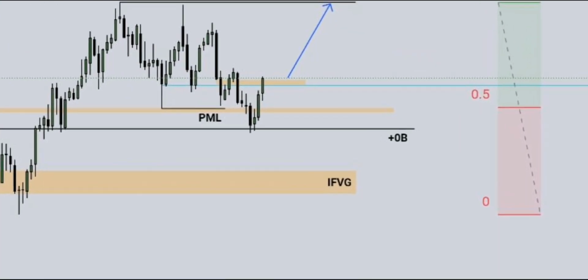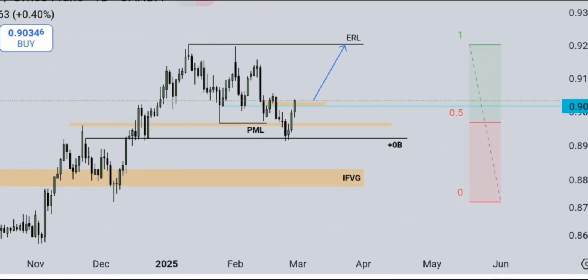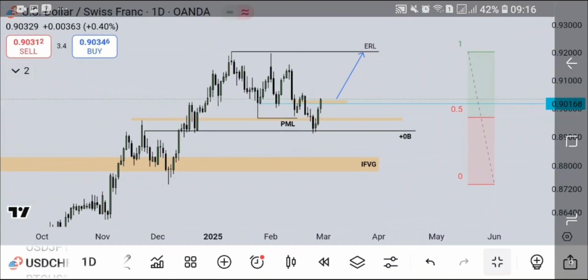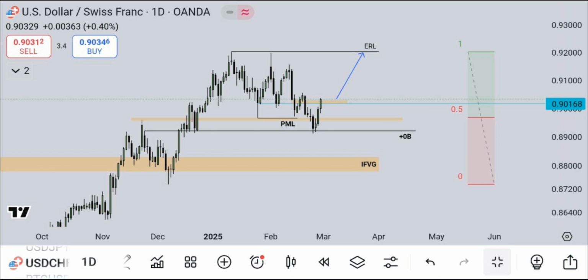You can see that I was anticipating for this pair to buy for the whole of last week, but you know what, it didn't, because I was looking at it to first.